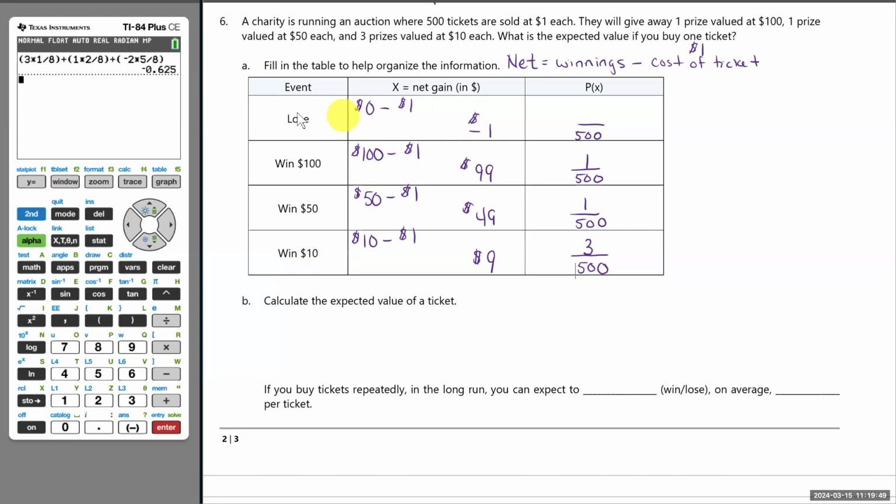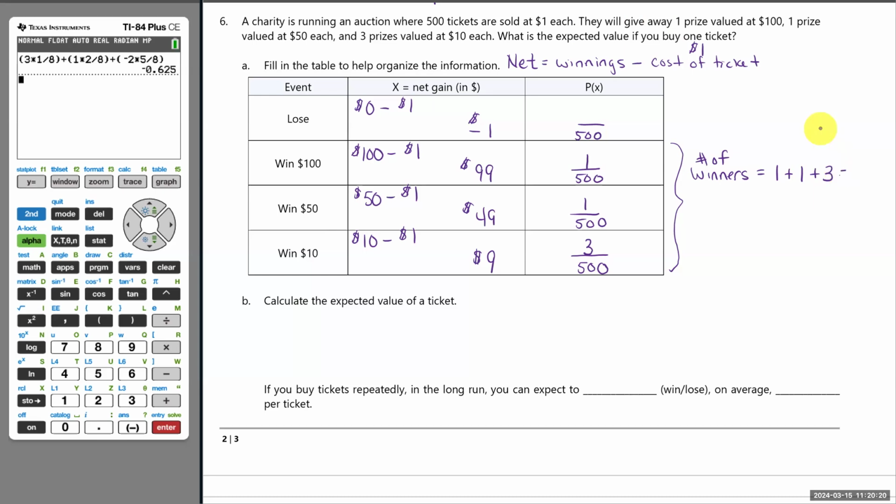All right, so I do have to return to then chances of losing. So let me just keep track here. I've got winners, number of winners. So one person wins $100. One person would win $50. 3 people would win $10.